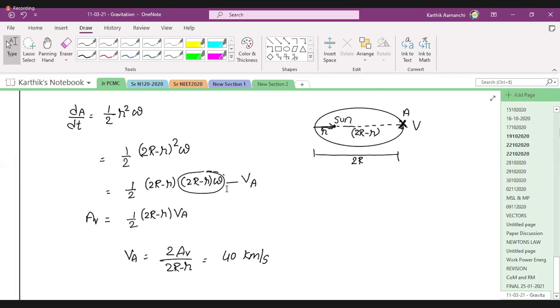Sir, is 2r the semi-major axis or only r the semi-major axis?